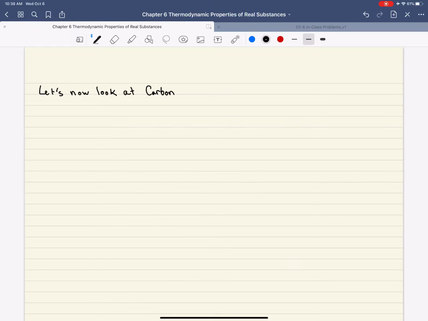So for instance, let's now look at carbon dioxide gas, okay, where A is equal to 3.66 liters squared bar per mole squared, and B is equal to 0.38 liters per mole. Okay.